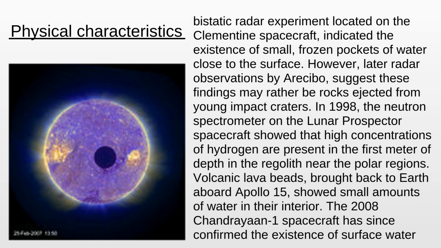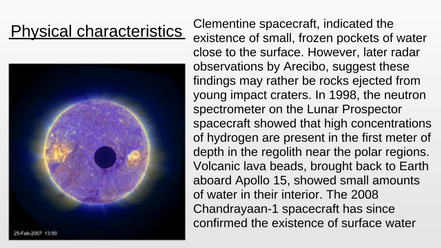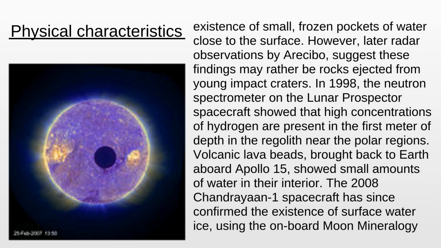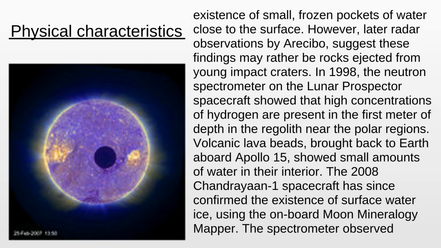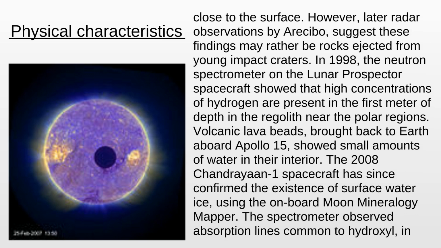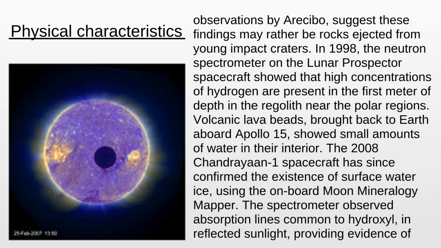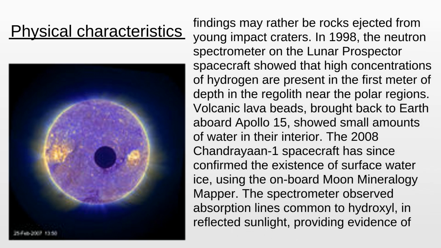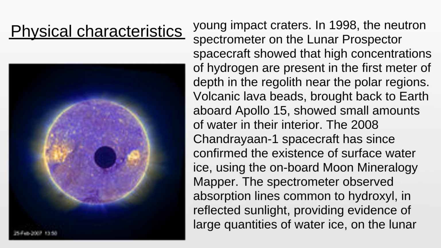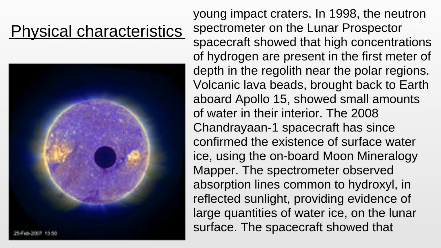However, later radar observations by Arecibo suggest these findings may rather be rocks ejected from young impact craters. In 1998, the neutron spectrometer on the Lunar Prospector spacecraft showed that high concentrations of hydrogen are present in the first meter of depth in the regolith near the polar regions.